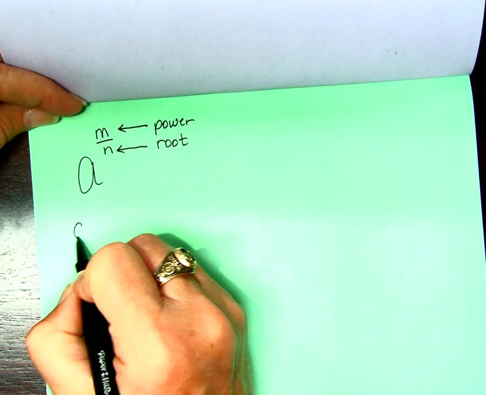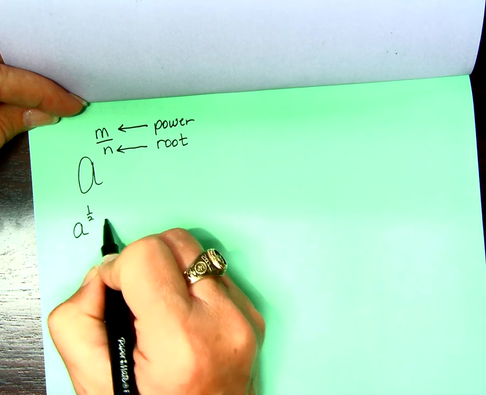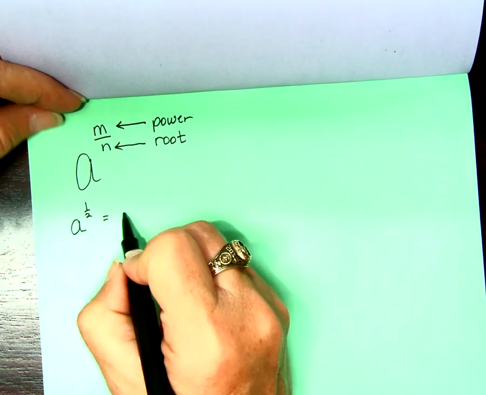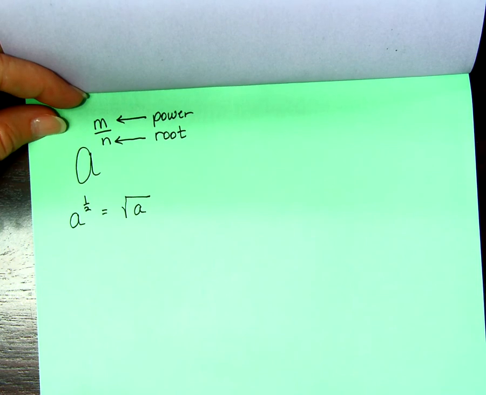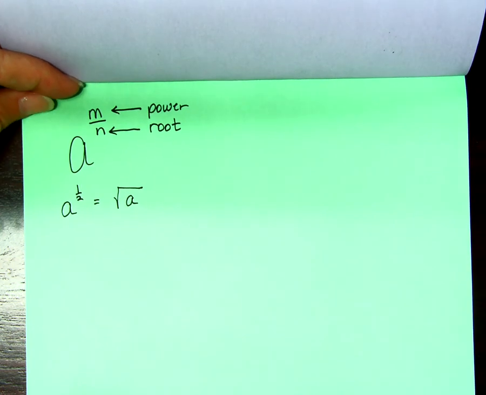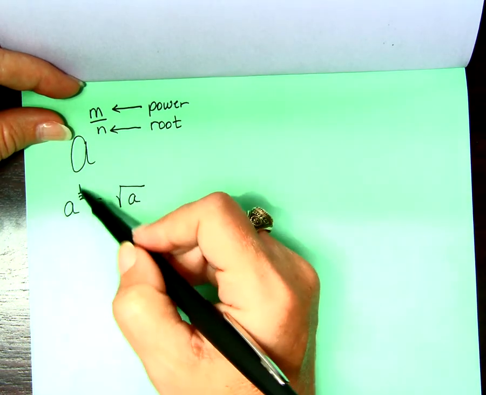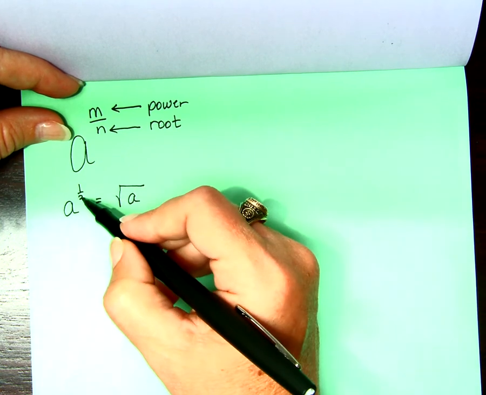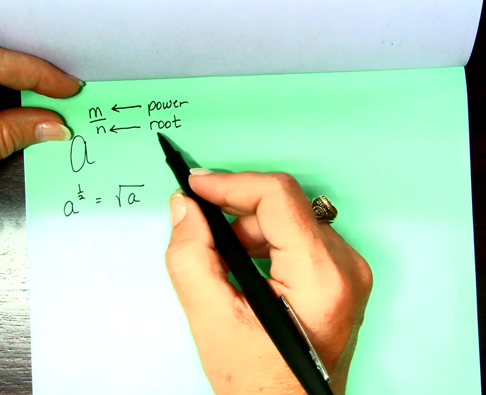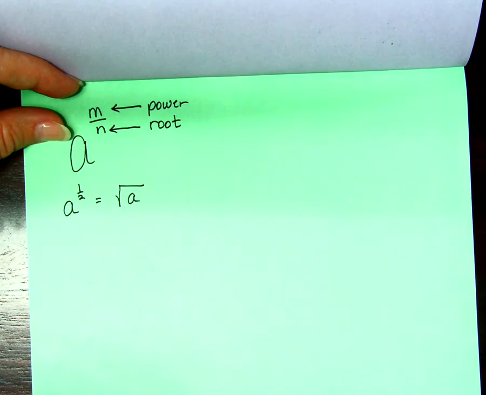So a to the 1/2 power is also the same as the square root of a. Does everybody understand that? A to the 1/2 power, the 1 is the power, so it's just a to the first, which is just a, and the denominator is the root, so it's the square root of a.